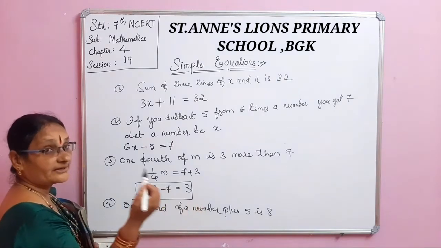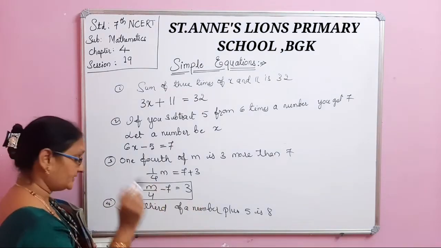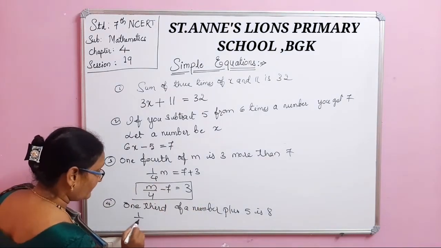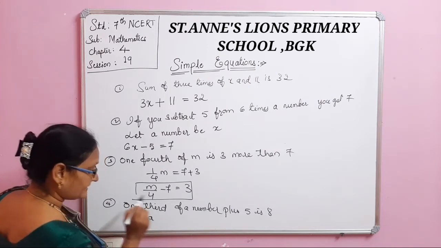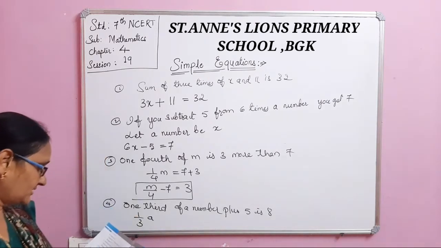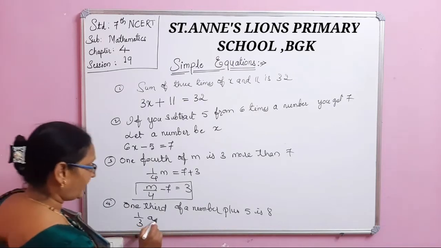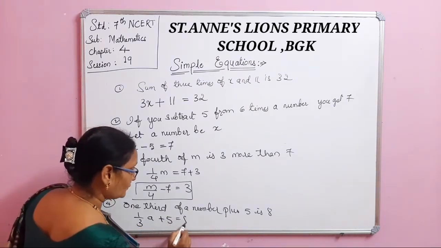Let a number be anything, A, B, C, anything. So 1/3 of a number, that means A, we will take 1/3 of a number plus 5 is equal to 8.